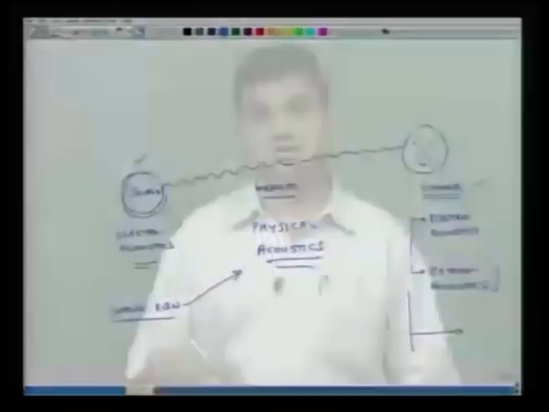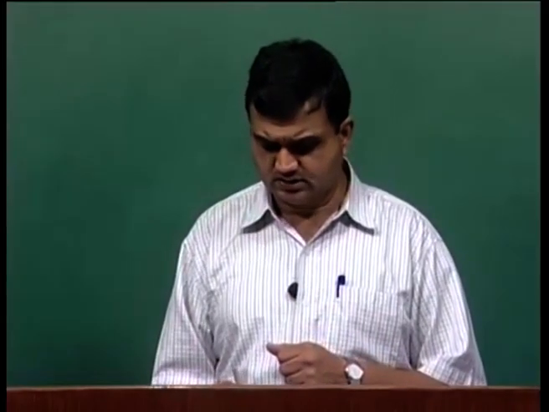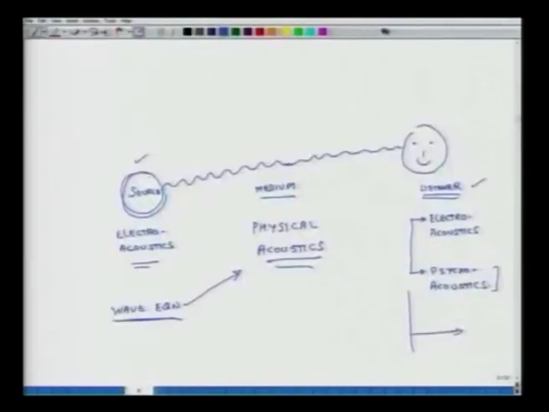And then finally, we will go to the listener, and there we will try to understand how sound gets recorded, interpreted, and so on and so forth. So, that is the overall course landscape, and that is the context where we can place wave equation.